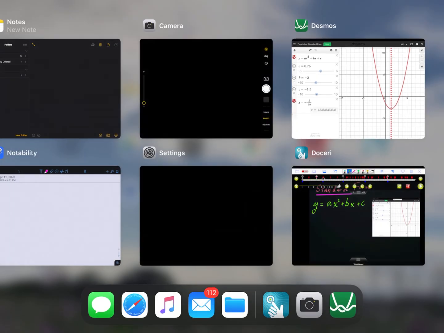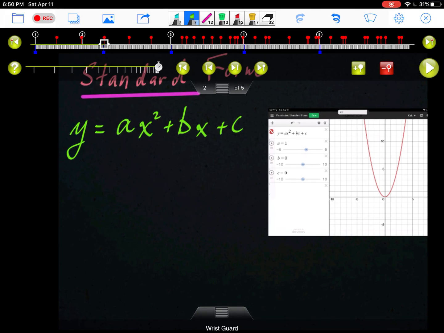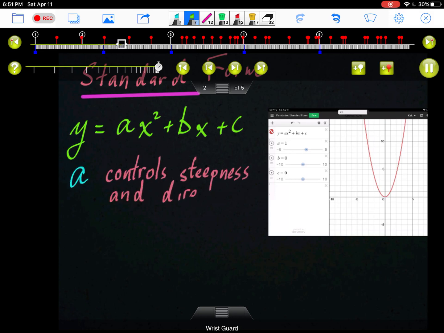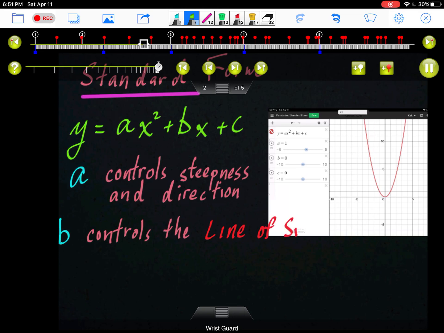Okay, so that's what we're looking at here, and what you've seen from that little demonstration, I hope, is that A controls the steepness and the direction of the graph. Okay, check that with what people have said in the discussion forum. You won't find too many that said that exactly, but that's what it really does. All right, and B, on the other hand, controls the line of symmetry.